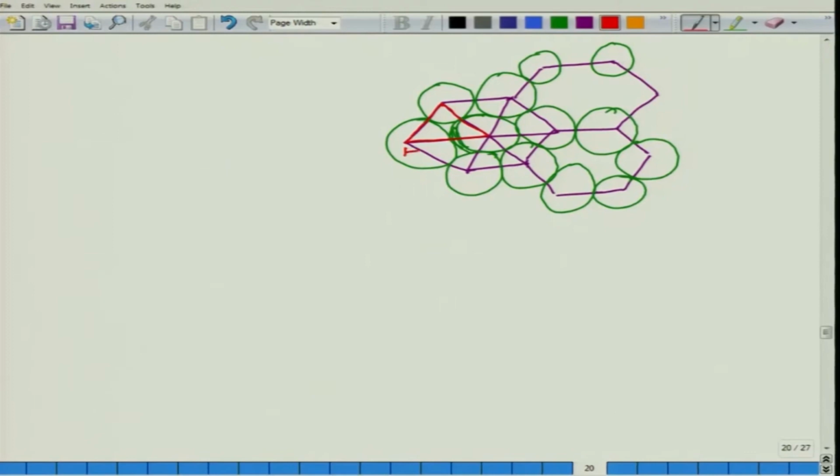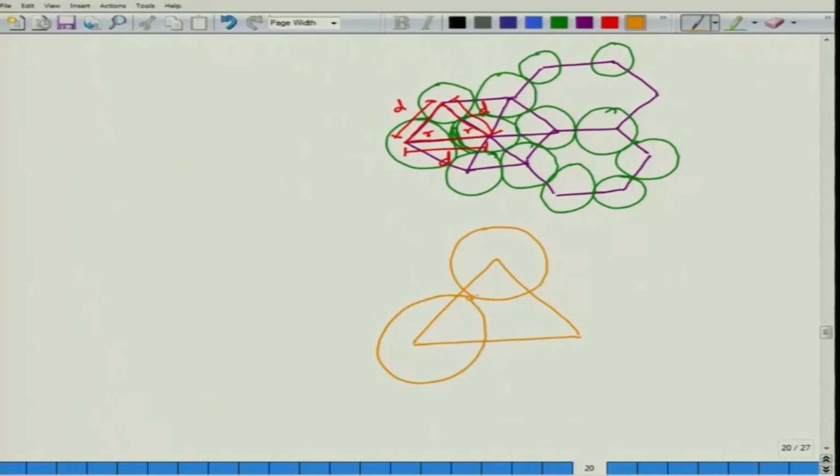Now, what is this length? Is again d, because it is r plus r. This length again is d, this length again is d. So, essentially what we have here is an equilateral triangle that has 3 canopies that are touching each other.